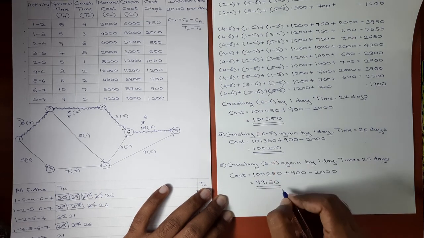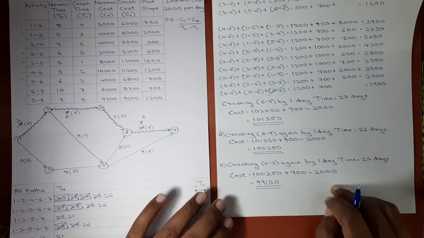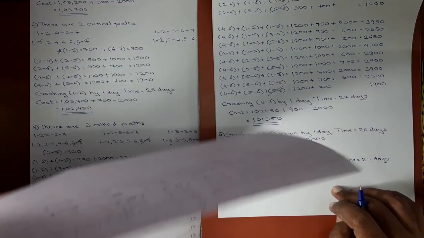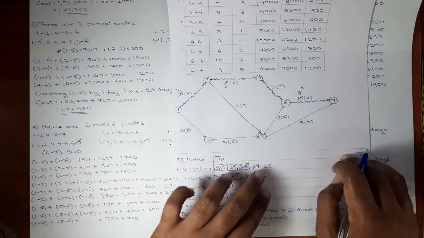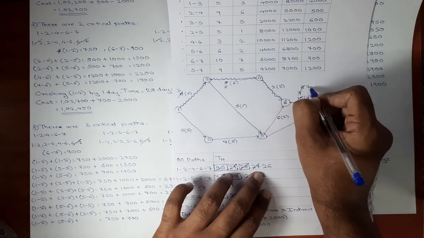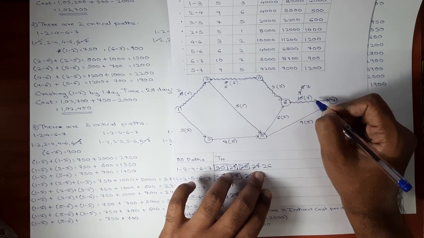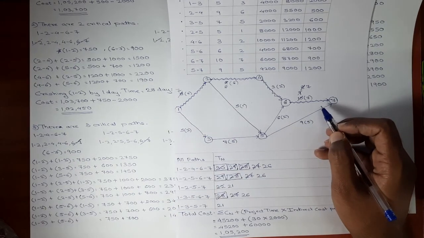Again the cost was reduced. Activity 6.7 was crashed, so we'll update it in the network diagram. Now normal time is 7, crash time is also 7. Activity 6.7 is now exhausted.